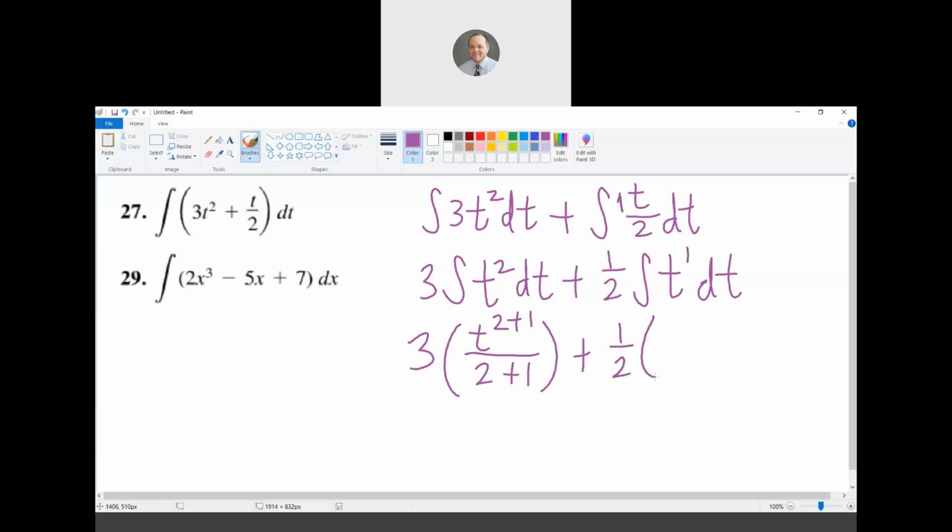Do the same thing with the second integral. Add 1 to the original exponent, and you'll divide your antiderivative by your new exponent.